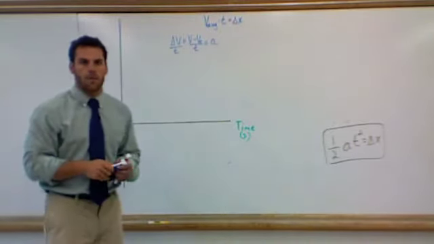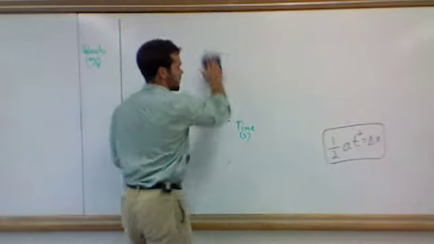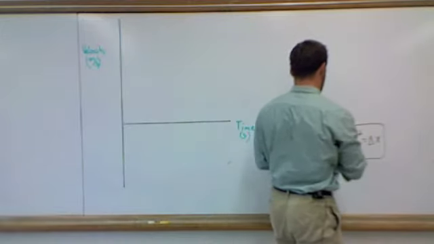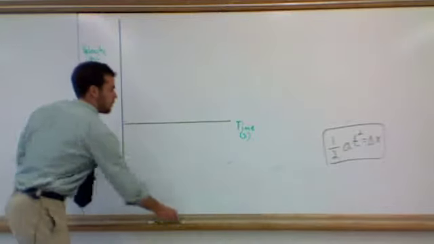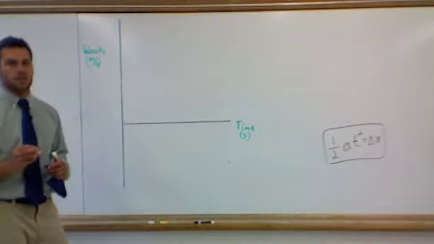Let's look at one more case. I'm going to erase this up here; we don't need it up there. One last case: let's say our velocity doesn't start at 0.